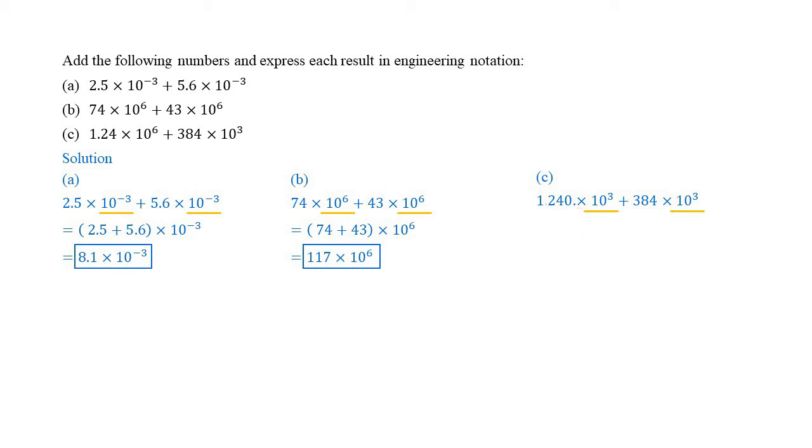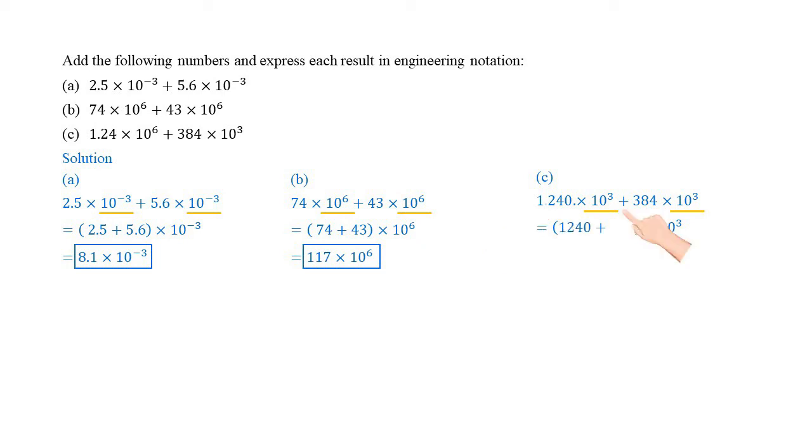Now that the base 10 portions are the same, they are all 10 to the power 3. Now we factor out this common factor, which is 10 to the power 3, put a big parenthesis, and then put the first number inside, which is 1240.